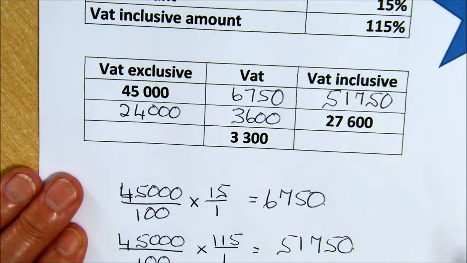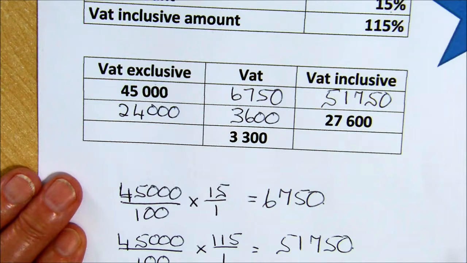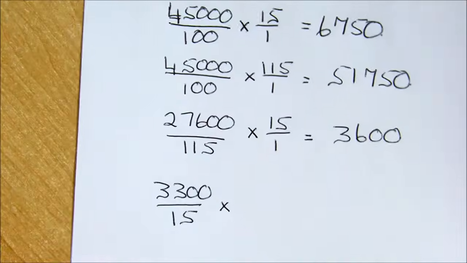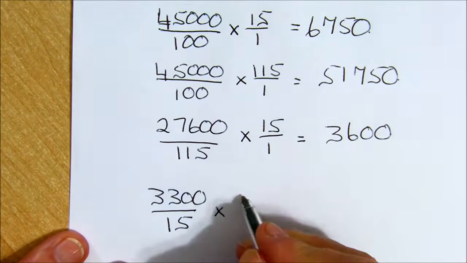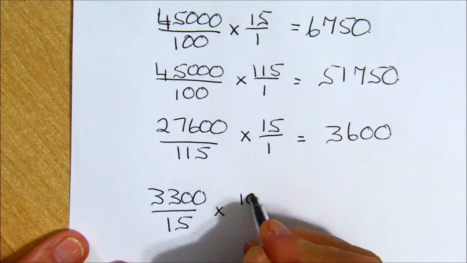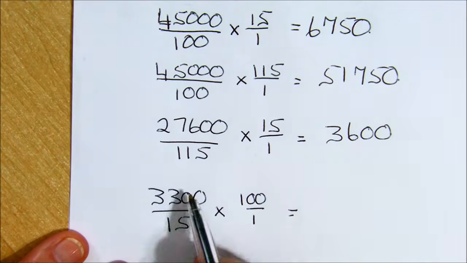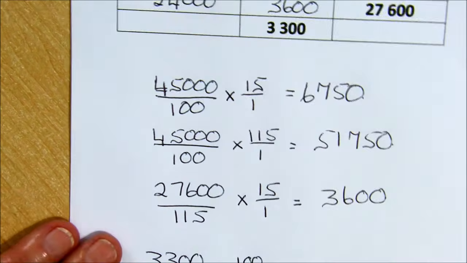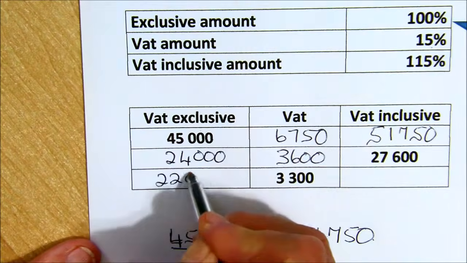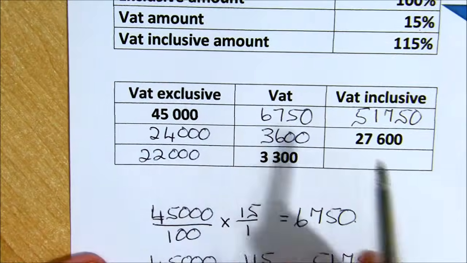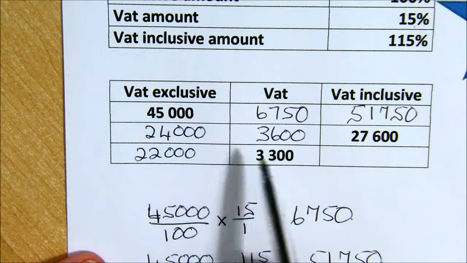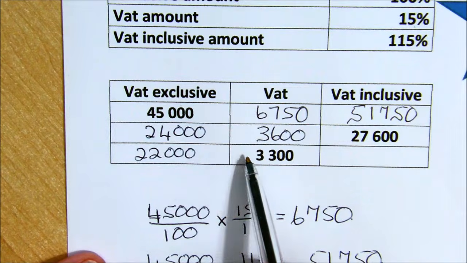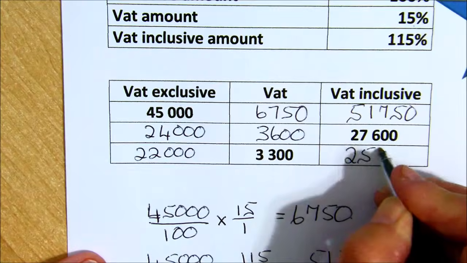Obviously, in a test or exam, calculate what you're asked to do. Don't do too many calculations that are not needed for marks. But if we had to multiply this by 100 over 1, again, take your figure, divide by 15, times 100, and you get 22,000. Now, because I multiplied by 100, I found the exclusive amount of 22,000. The inclusive includes the VAT, so I will add the two together, and I'll get 25,300.